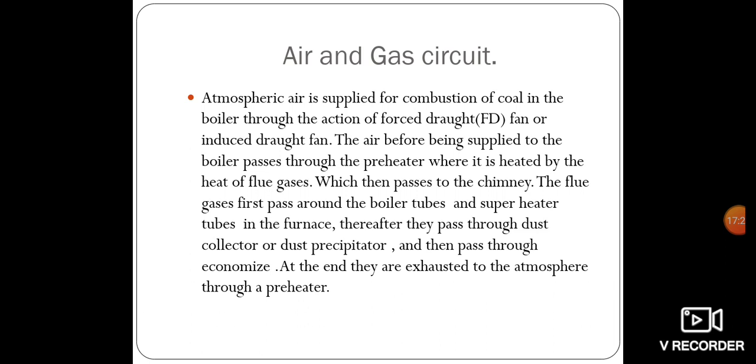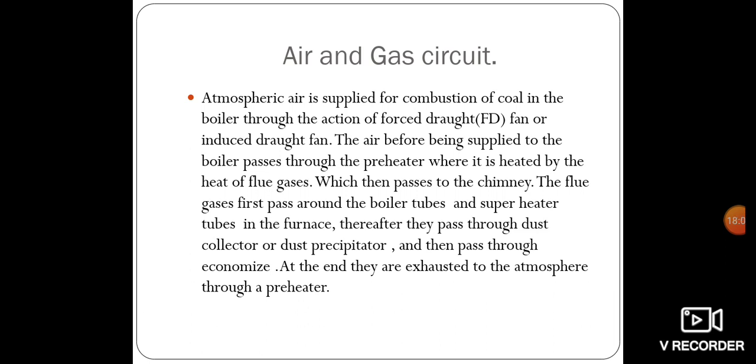As we require air for the burning of the fuel, we have to use the forced draft fan or the induced draft fan, and the air being supplied to the boiler passes through the preheater, where it is heated by the heat of flue gases. The air is first of all preheated, moisture content is removed, which then passes to the chimney.